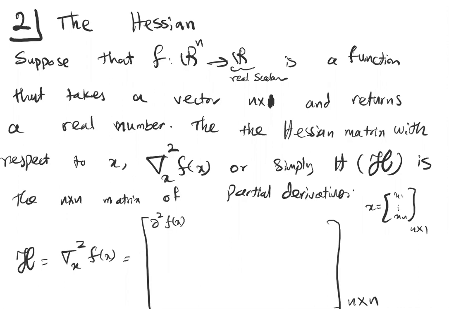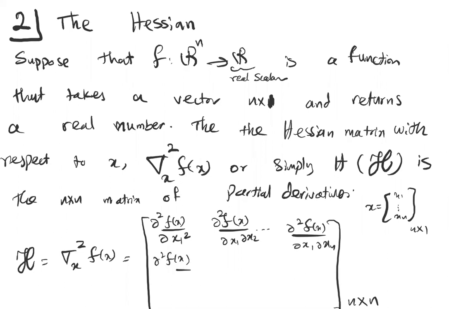So the second order derivative of f of x with respect to x1, second order with respect to x1, x2, up to x1, xn, then x2, x1, and so on, then second order xn, x1, and finally the second order derivative of f of x with respect to xn.